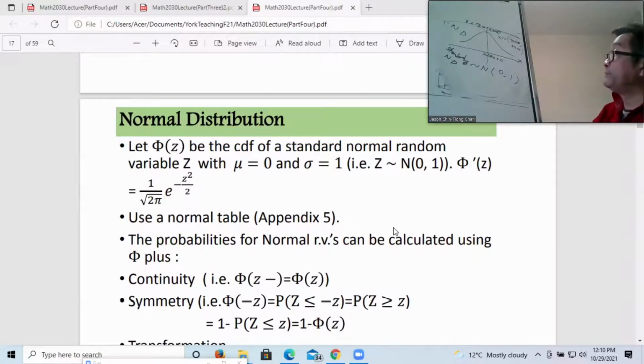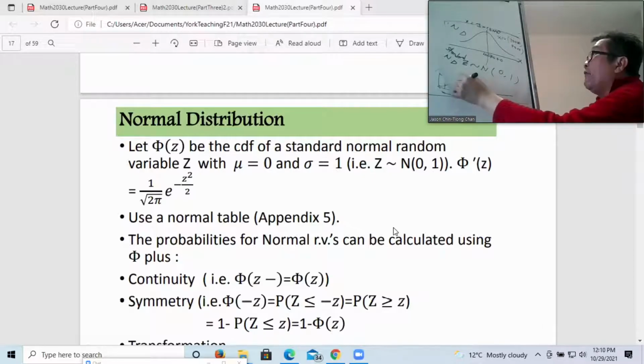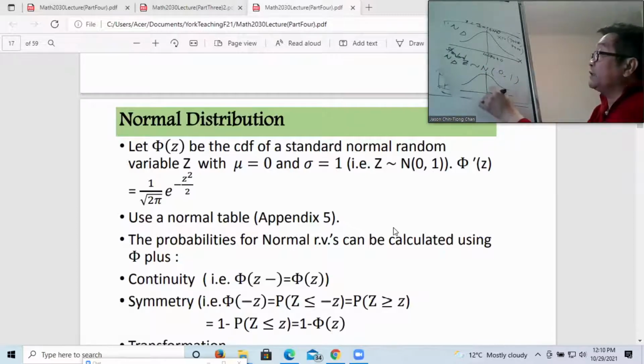Okay. So now let's draw our picture. So our center is always equal to what? According to this, your mean is 0. If this is 0, this number on the left-hand side is what?